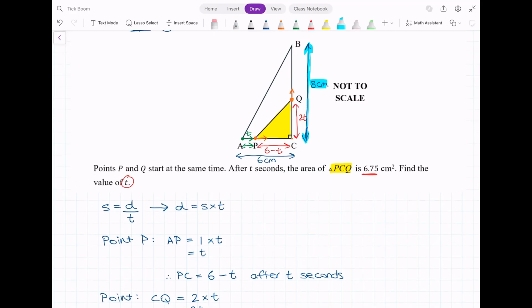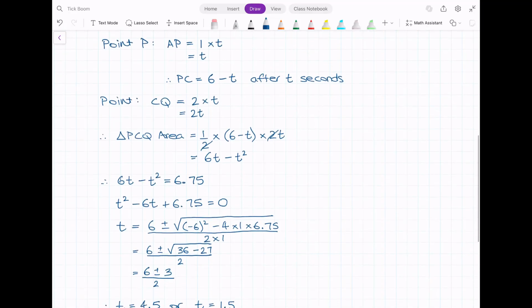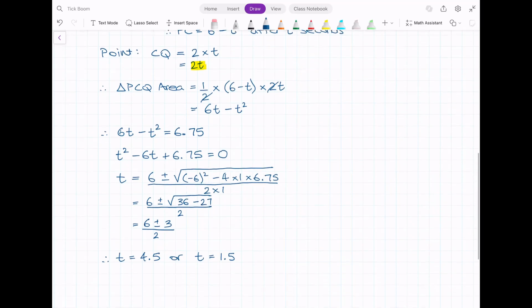Because we know that Q can never get beyond 8 centimetres because the length of CB is 8. So we can ask ourselves, well, after 4.5 seconds or 1.5 seconds, are we beyond 8 centimetres? And naturally, the most likely candidate is 4.5 seconds, because the more time that passes, the more likely it is that we've gone beyond 8. But we know that the distance that we've travelled, the length of CQ after t seconds, is 2 times the number of seconds. So it's not a difficult calculation.